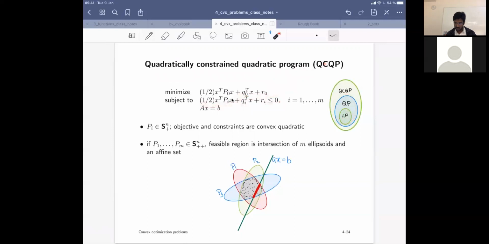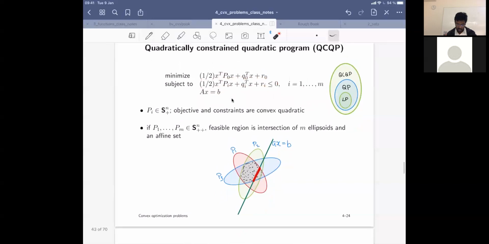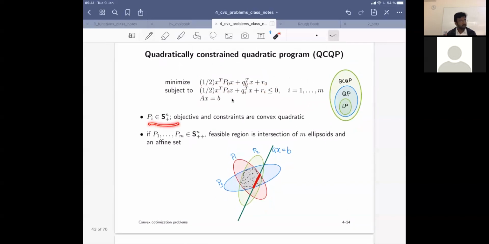It is a QP with quadratic constraints. I equal to 1 to m means you can have m different quadratic constraints. Again, this has to be positive semi-definite, otherwise our assumption of convexity will be violated.